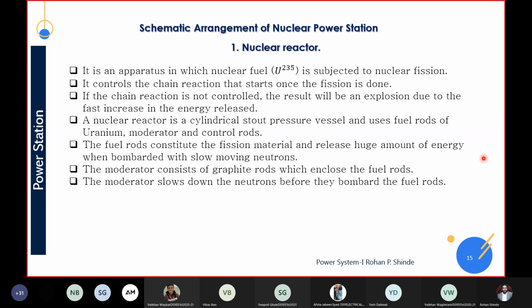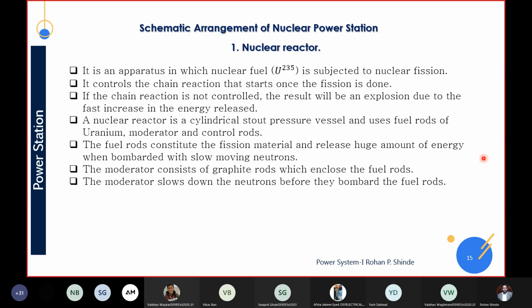Now the fuel rods constitute the fission material and release a huge amount of energy when bombarded with slow moving neutrons. The moderator consists of graphite rods which enclose the fuel rods. The moderator slows down the neutrons before they bombard the fuel rods.